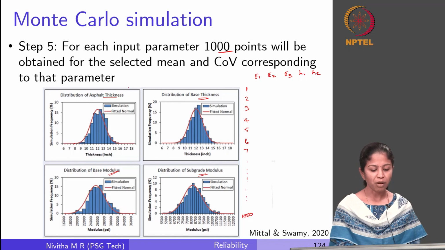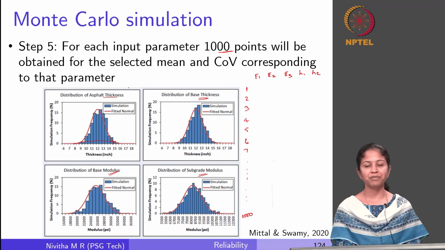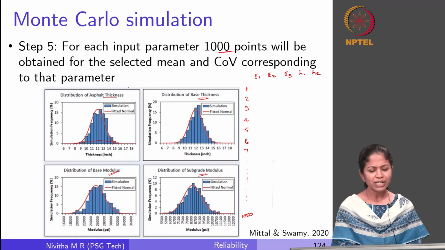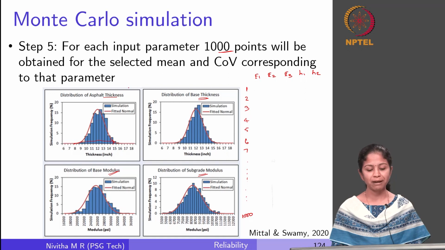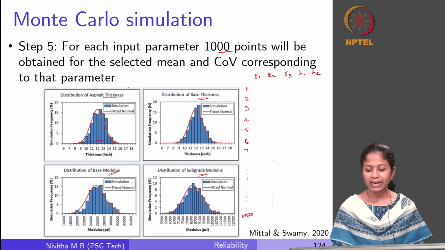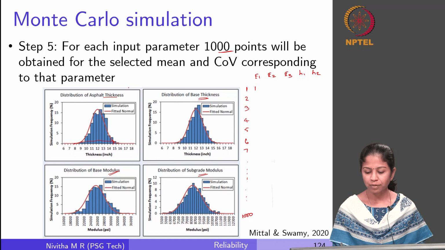The 1000 points will not be increasing from this end to this end, it will not be in a specific order, it will be in a random order, and that is why we call Monte Carlo simulation a random number generator.